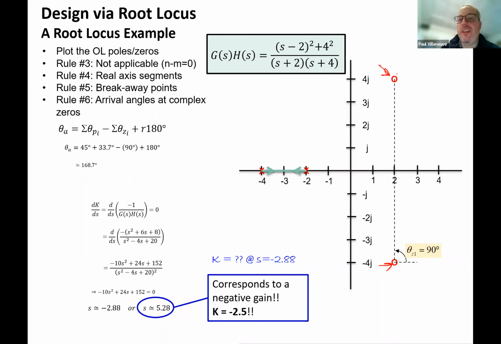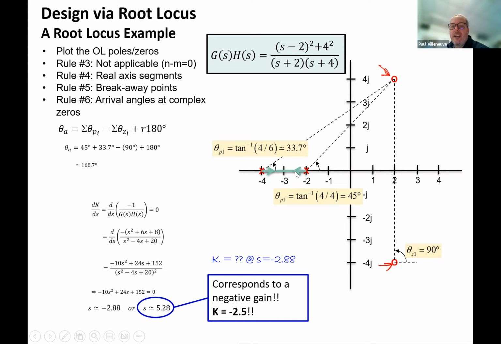What I need to do is figure out the magnitude and angle over here, magnitude and angle over here, and magnitude and angle over here. The angle of arrival is going to be the sum of these, making sure you vectorially sum them, and then set that equal to plus or minus 180 degrees. So for this one, I'm arriving at 168.7 degrees, which means I'm coming in hot. I'm coming in at this crazy high angle.